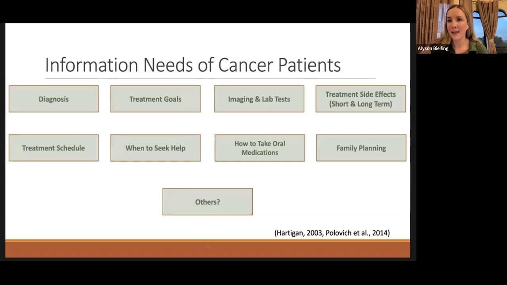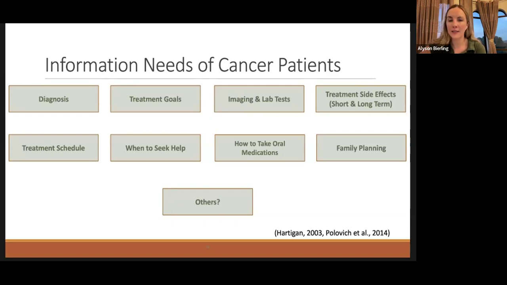So maybe their biopsy came back and confirmed cancer, and now we're sending them for a staging CT or X-ray. We want to tell our patients why we're sending them for those tests, what they can expect when that test occurs. Those are all important things to discuss with our patients.